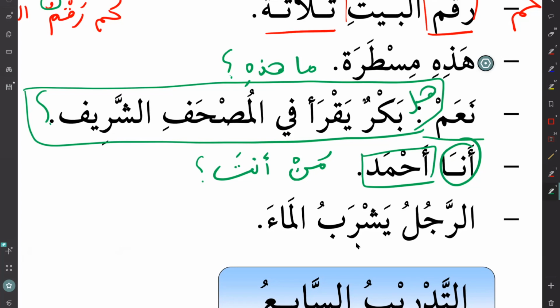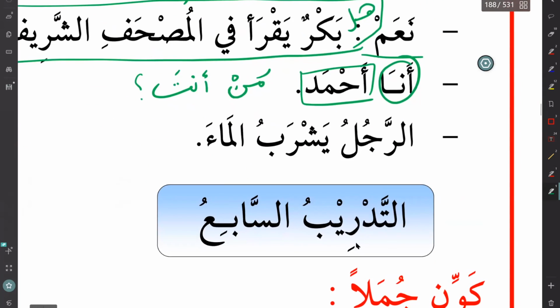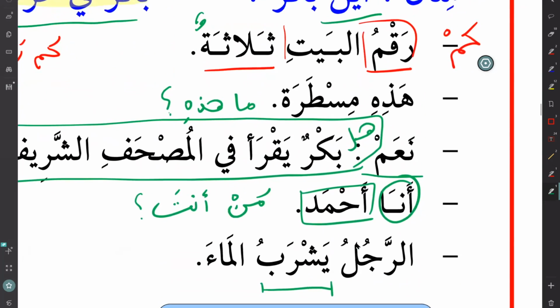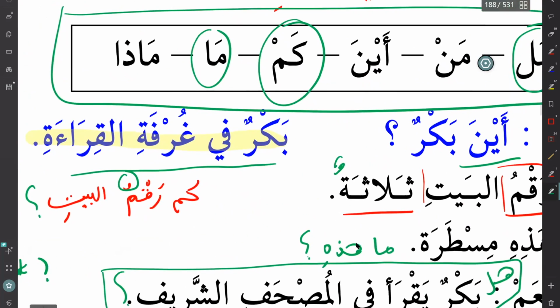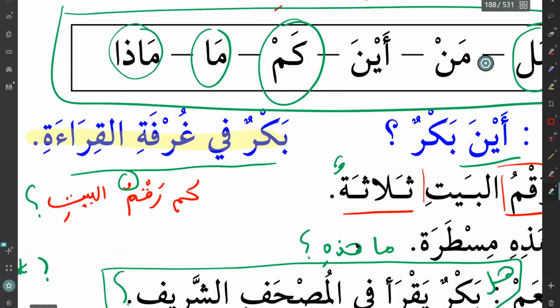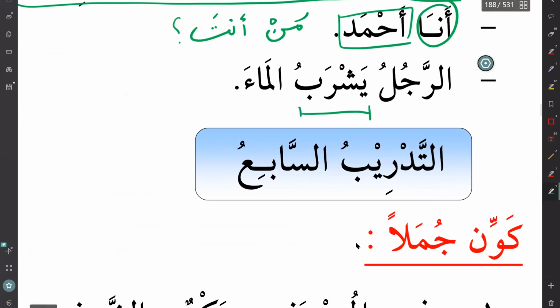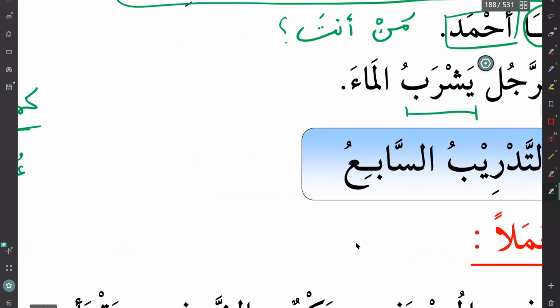Okay, and the last one we have ar-rajulu yashrabul ma'a. Here the question is about the action, and this is when you will be using mada. So how do you ask about what someone is doing? You say mada, just like what we had before.